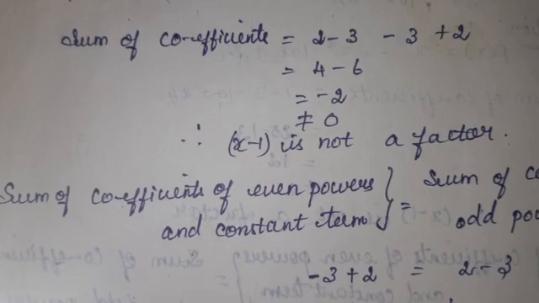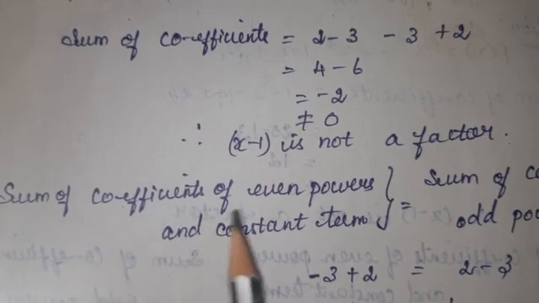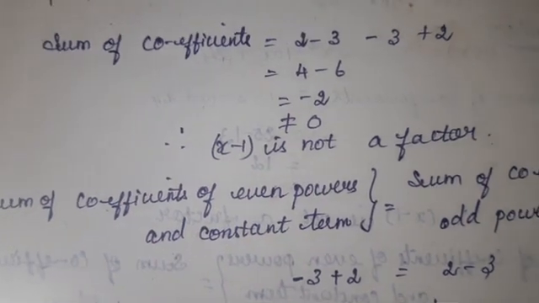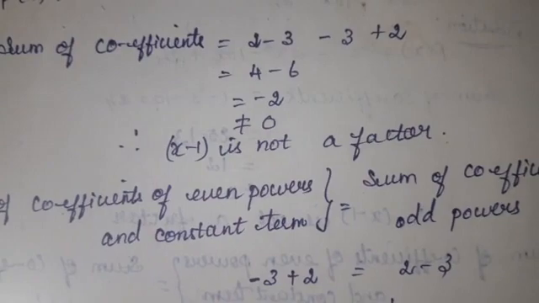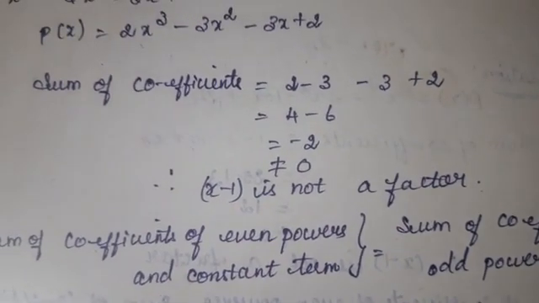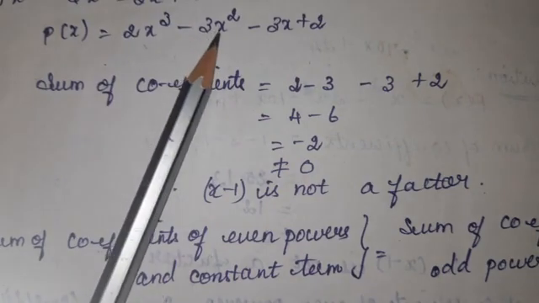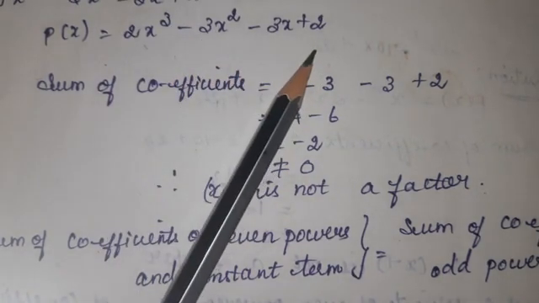Next step, you should find whether x plus 1 is a factor or not. For that, the condition is that the sum of the coefficients of even powers and the constant term is equal to the sum of the coefficients of odd powers. So coming to the question, see here, the even power is this one, so minus 3, next the constant is 2.